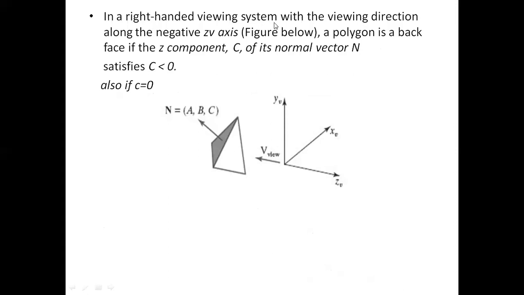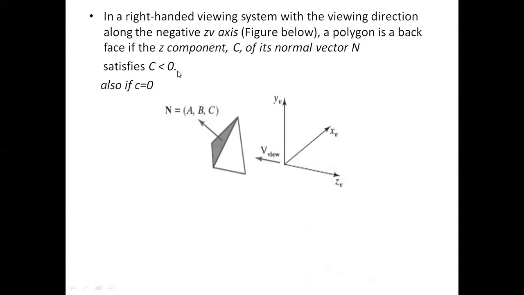In a right-handed viewing system, you don't need to worry much about this. In a viewing system with the viewing direction along the negative ZV axis, a polygon is a back face if the Z component C of its normal vector satisfies C less than 0.